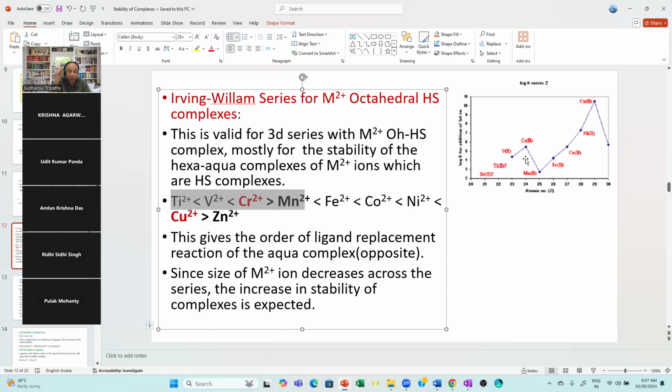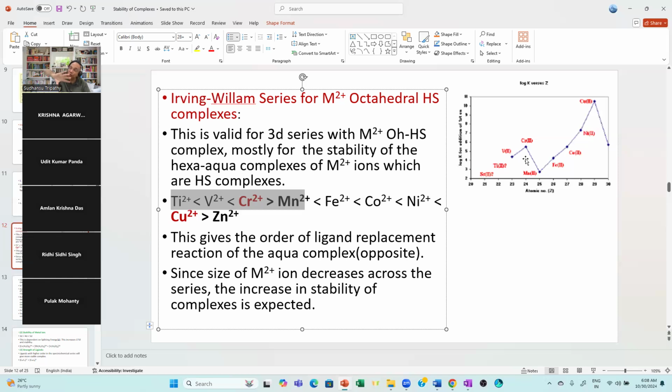And let me tell you, chromium 2 plus having D4 configuration in high spin, we will know that it will be Hund, and there will be another Hund at the upper D4 configuration. And there you will find the JTD is there, but a very small JTD effect. Chromium 2 plus is D4 configuration, and in high spin complex, Hund.